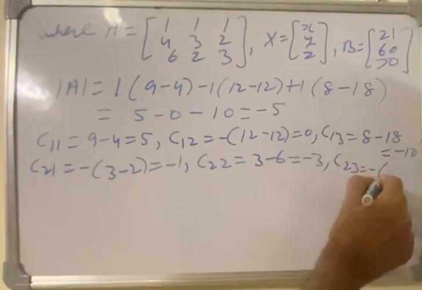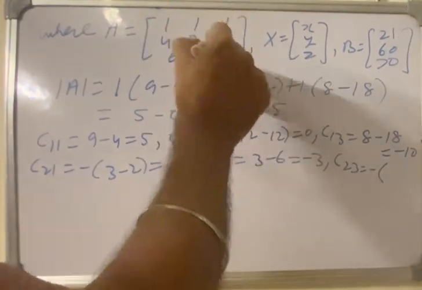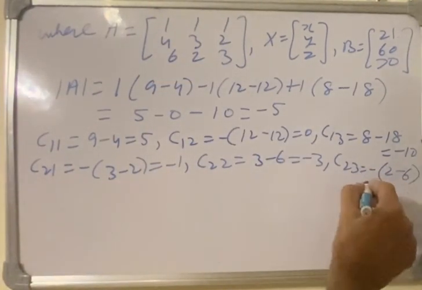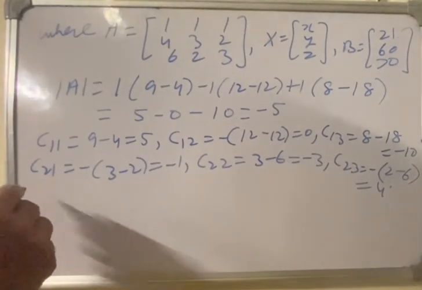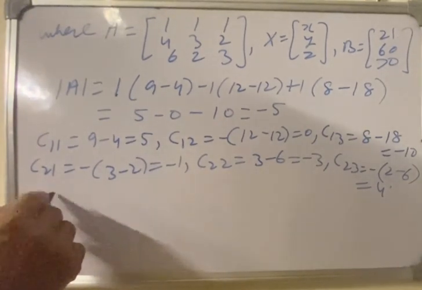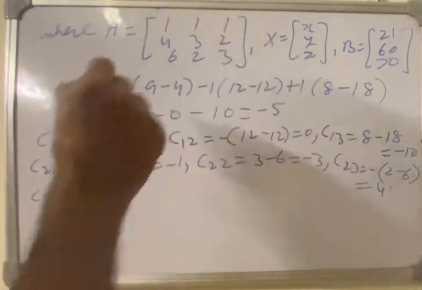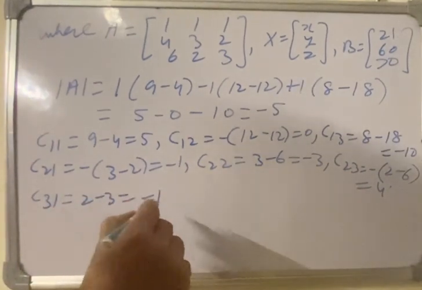C23 is minus (2 minus 6), it is 4. Then cofactors of elements of third row. C31 is equal to 2 minus 3, it is minus 1.